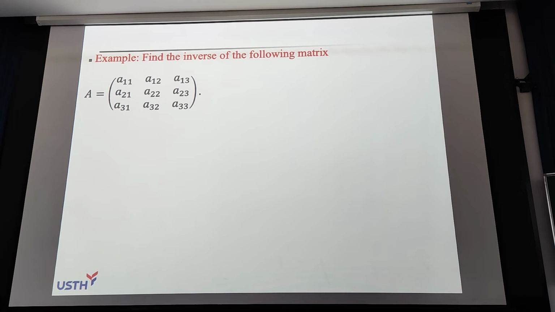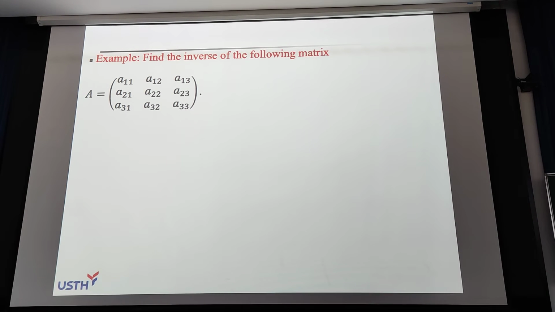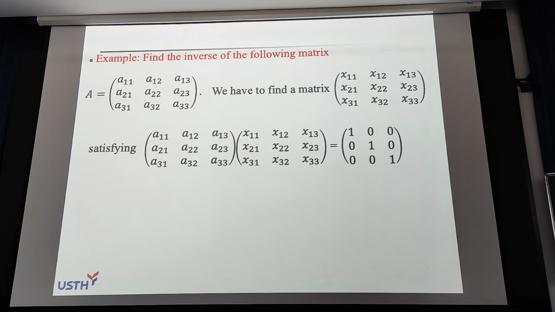That is, given a square matrix, how you can find the inverse of A. Suppose that you are given a square matrix A of size 3 by 3. You need to find A inverse. That is, you need to find a matrix of the same size like that, satisfying that one. If we multiply them together, you get the identity here.